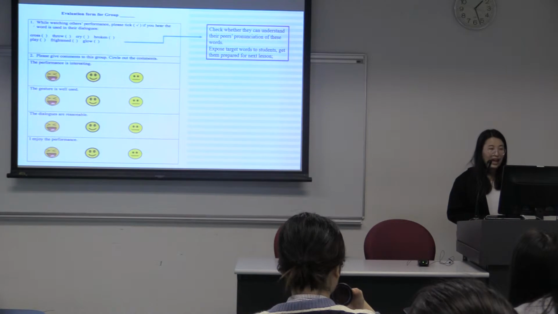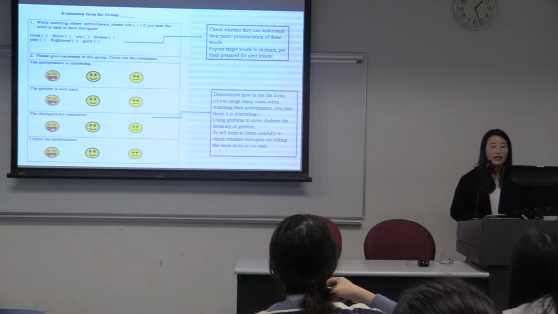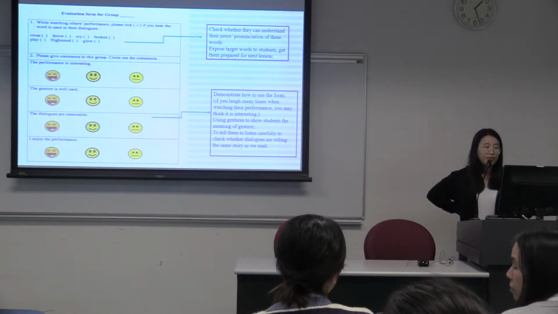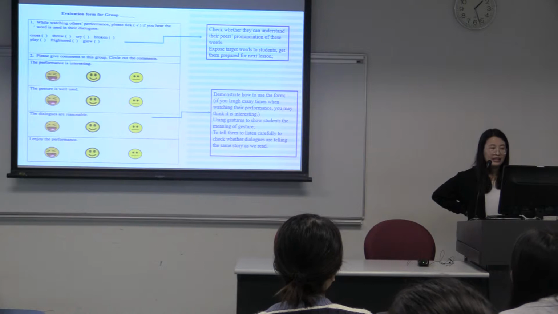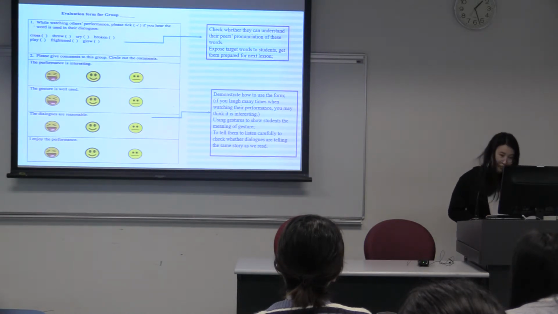And after watching the play, they need to give feedback. The teacher needs to demonstrate how to use this form. And after each play, the teacher will check the answers for task 1 together with the students.